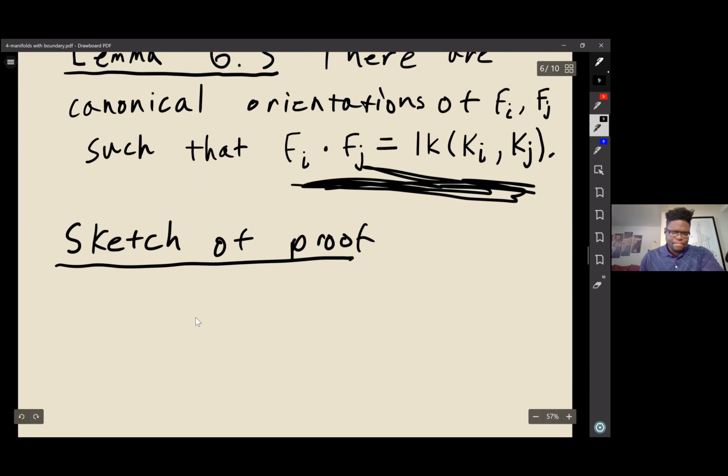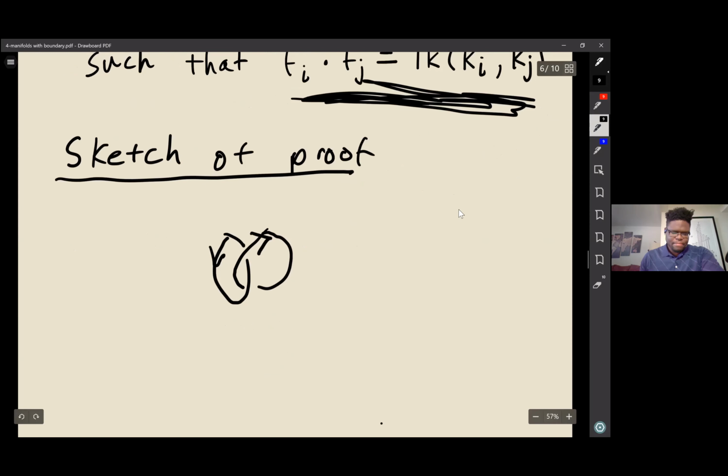is that if I start with an oriented link, well, then each level set in my movie inherits an orientation just from this link.